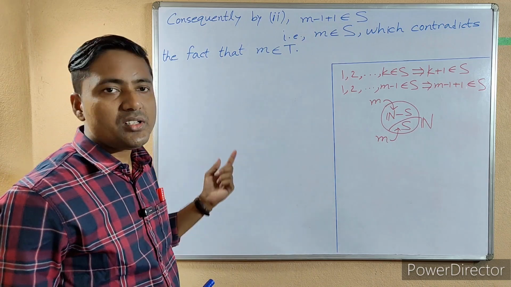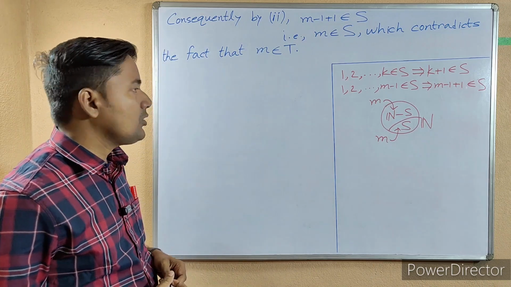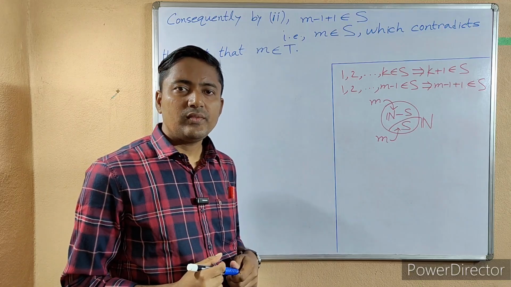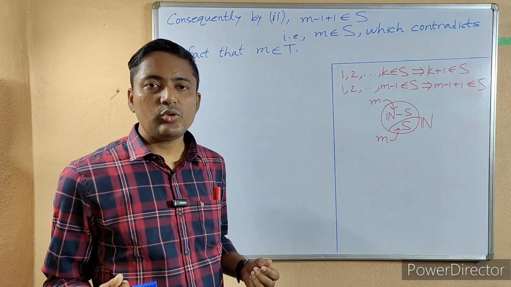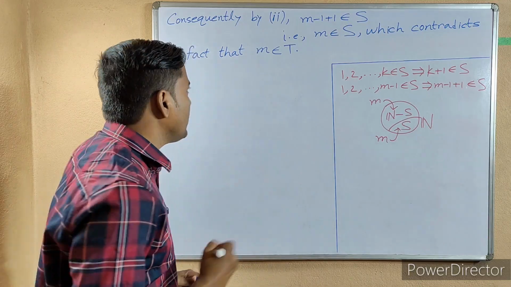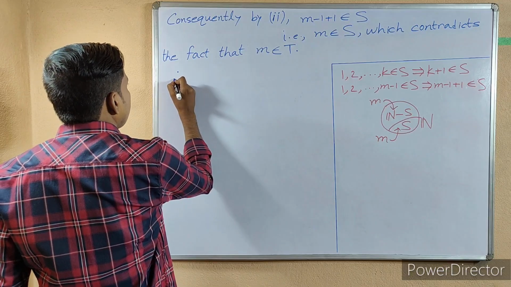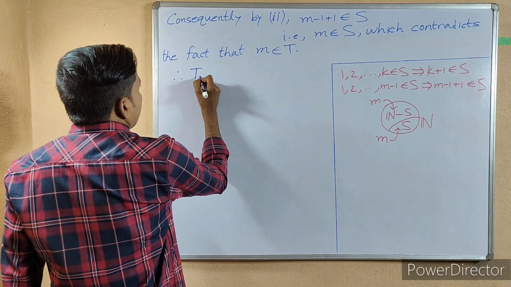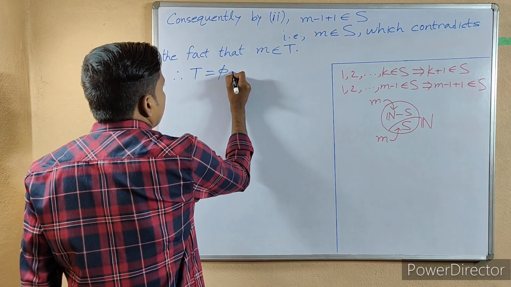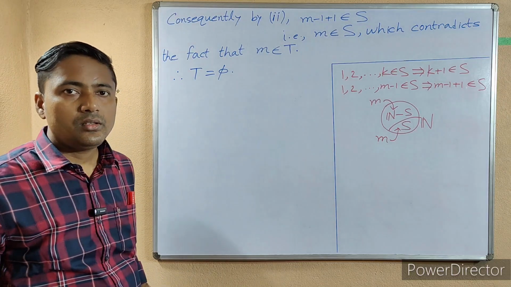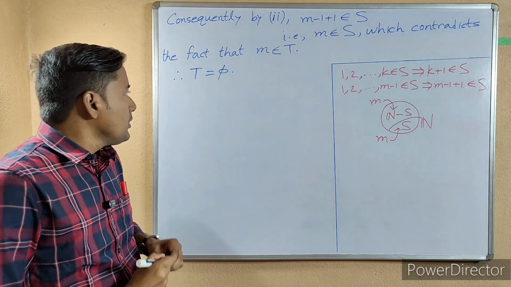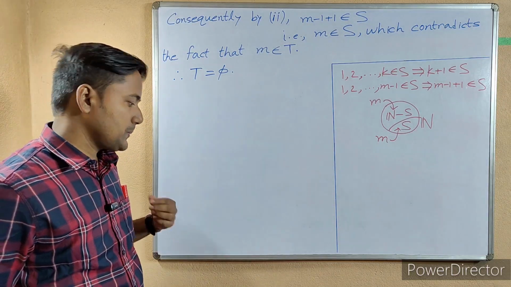thus we arrive at a contradiction. So our assumption is wrong, that is T not equal to phi is wrong. Therefore T equals phi. Okay, now what is T?